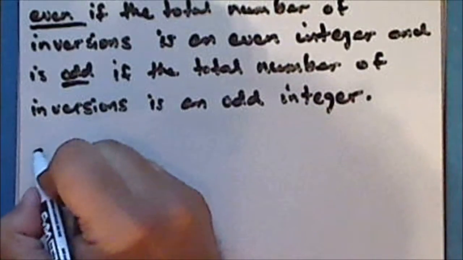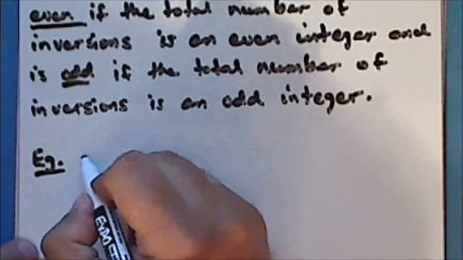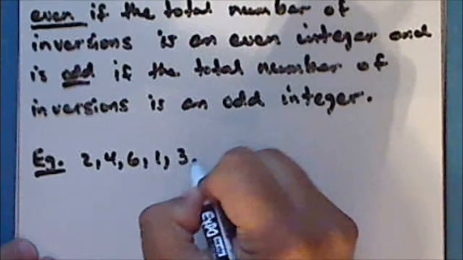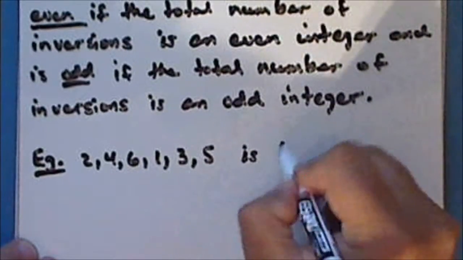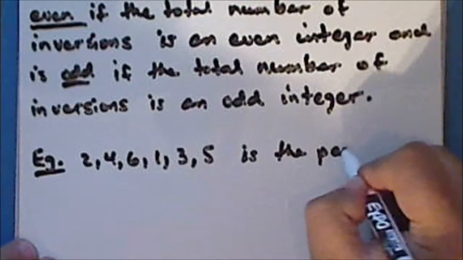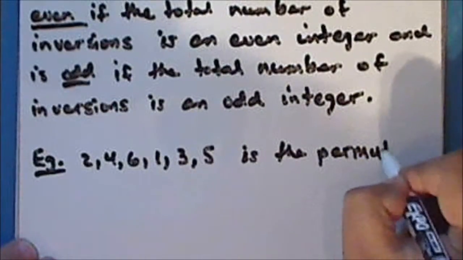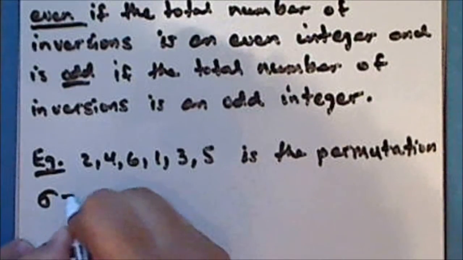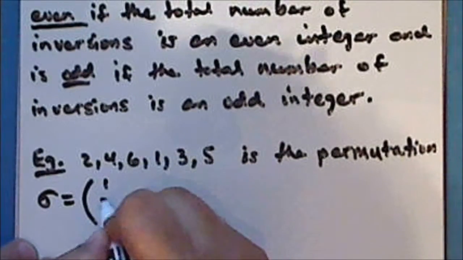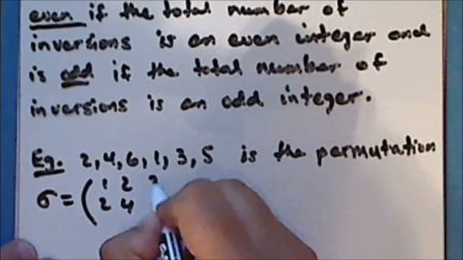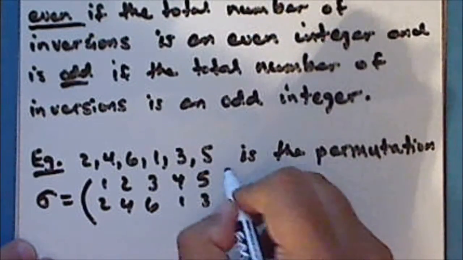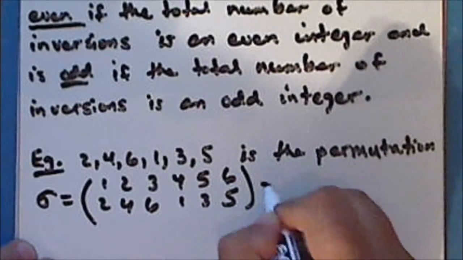So let's look at an example. 2, 4, 6, 1, 3, 5 is the permutation, which we'll call sigma, mapping 1 to 2, 2 to 4, 3 to 6, 4 to 1, 5 to 3, and 6 to 5.